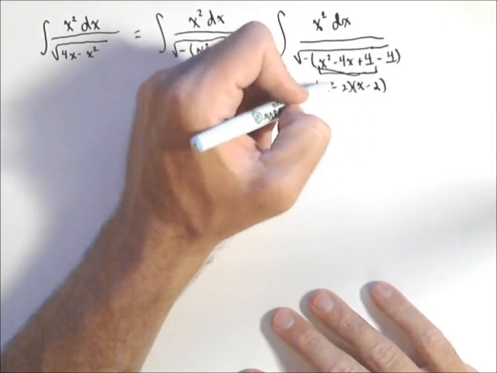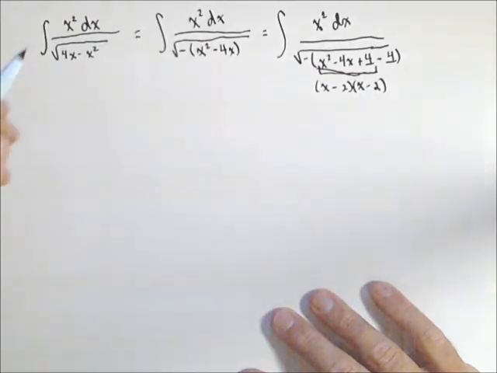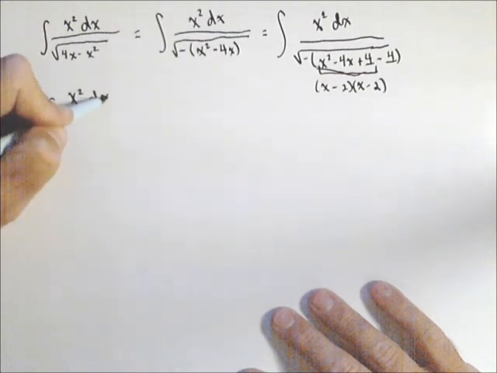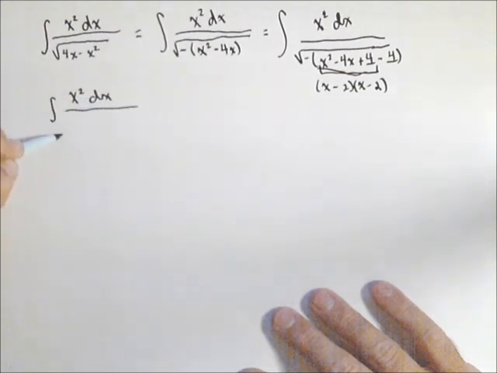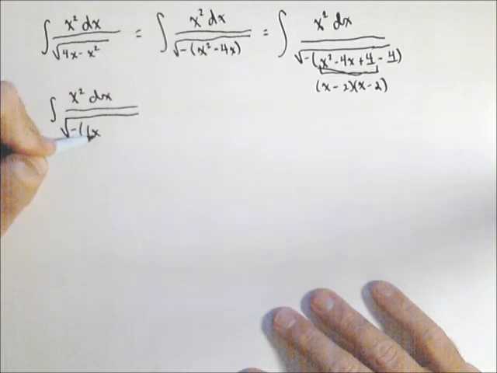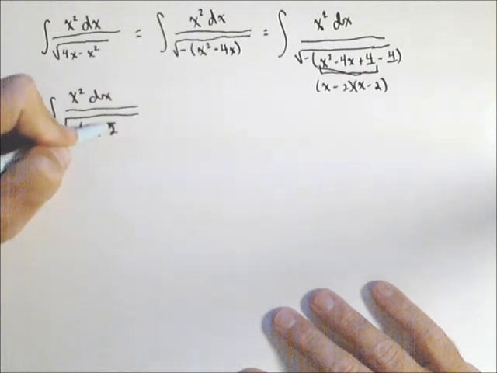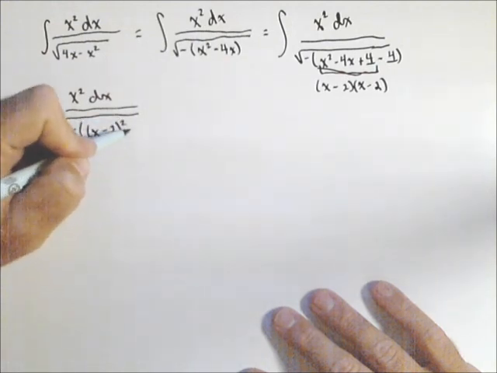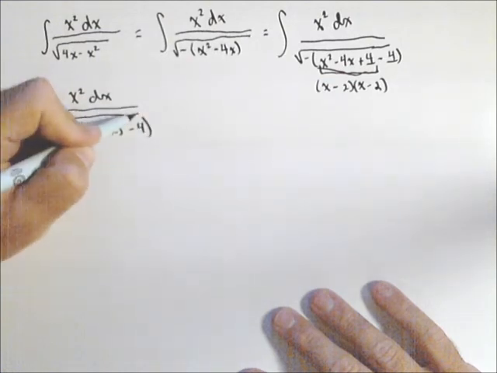And what it factors into is x minus 2, the quantity squared. So coming over here, we got x squared dx over the square root. We have the negative, we'll deal with that here in a second. Now that first part becomes x minus 2, the quantity squared, minus 4.